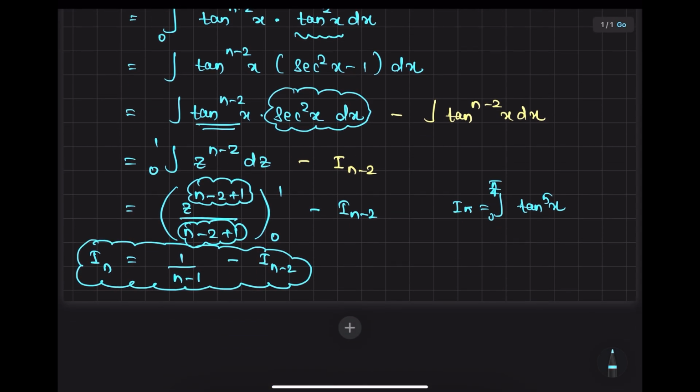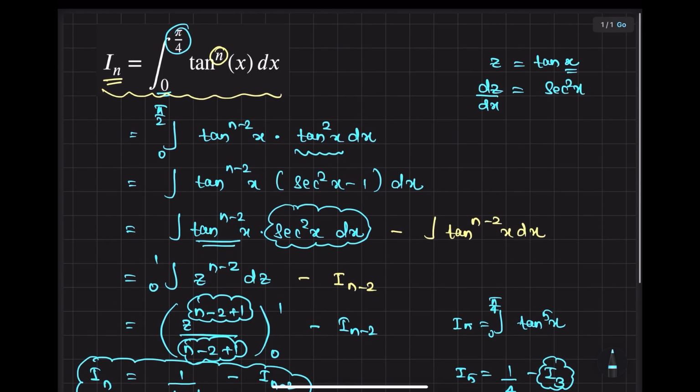You will write, sir, I5 is equal to 1 by 5 minus 1, which is 4, and then minus I3, right? And if I ask you who is I3, again you will apply the same logic over here and you will get your things done. Okay, I hope you understand the concept, and I wish you guys can handle similar situations. Okay.